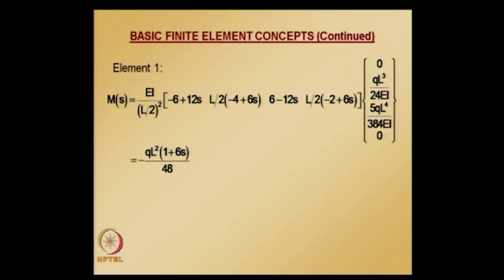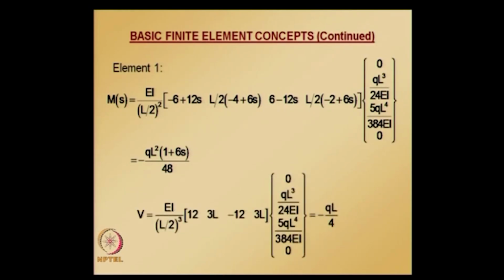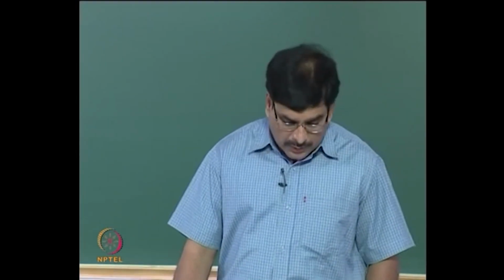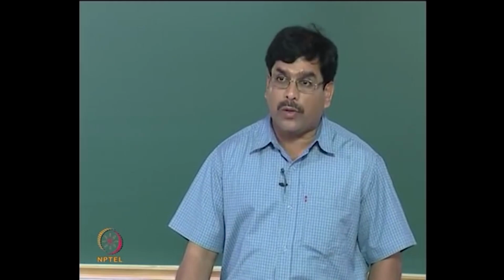So, moment at any point along element 1 is given by this equation by sweeping S from 0 to 1. Similarly, shear at any point along element 1 is given by this equation, which is constant everywhere along the element 1 length, and its value is equal to minus QL over 4.